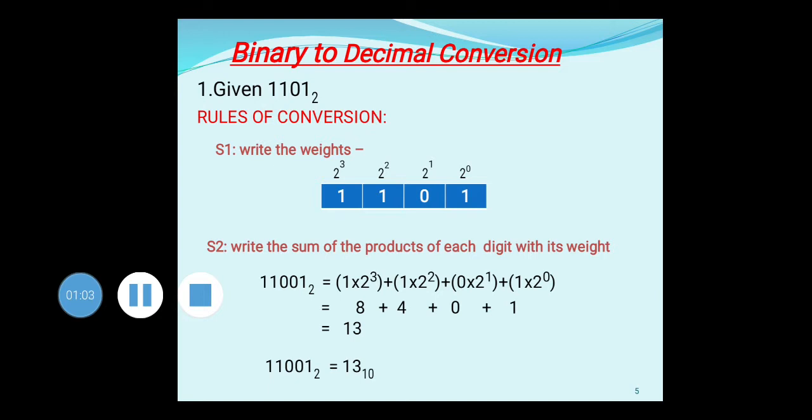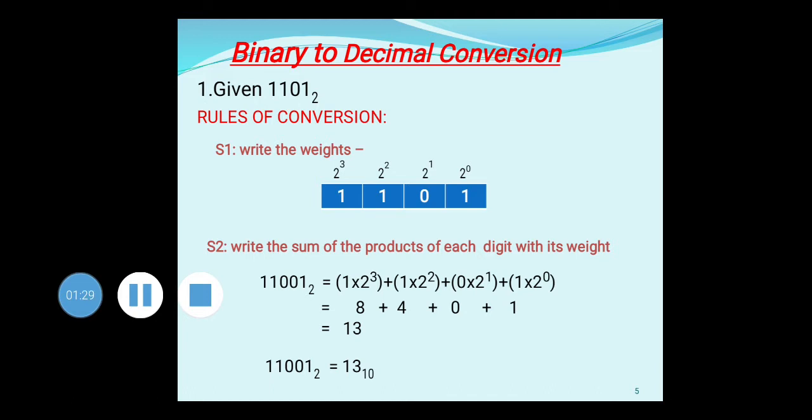You are supposed to write the given binary number 1101 as shown in this table with blue color, and above that you are going to write its weight. Since it is from the binary number system whose base number is 2, you are going to write the weight as shown here.